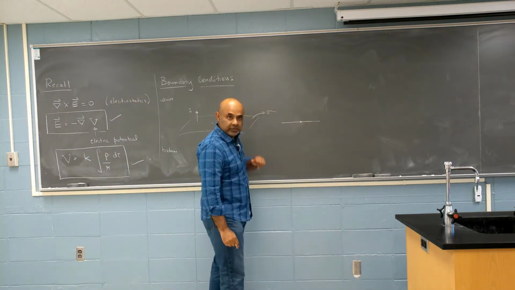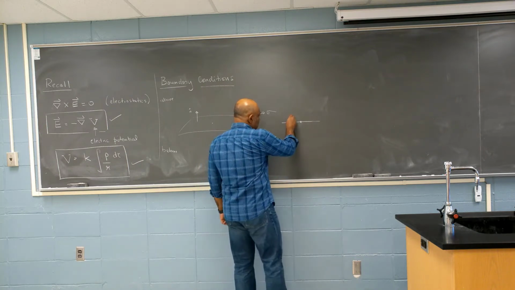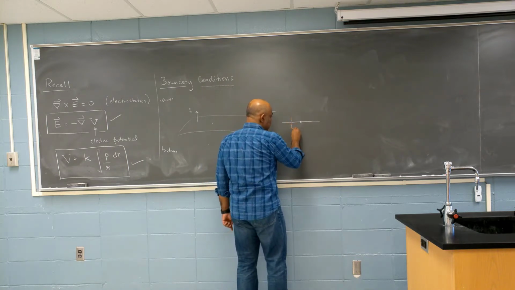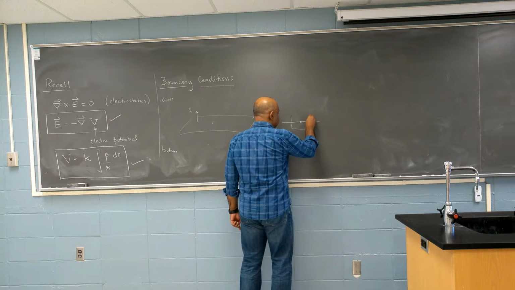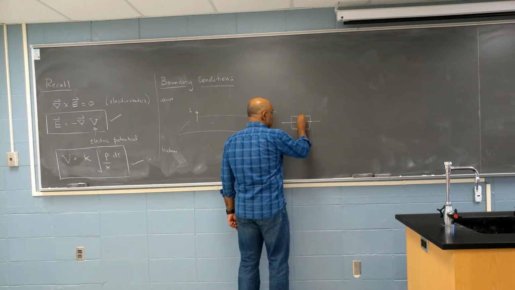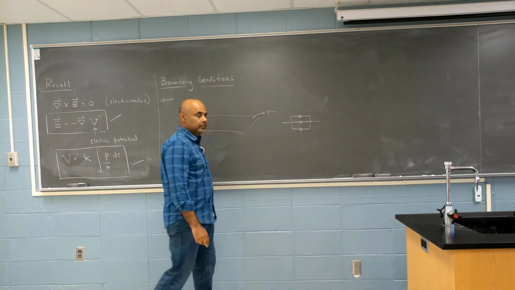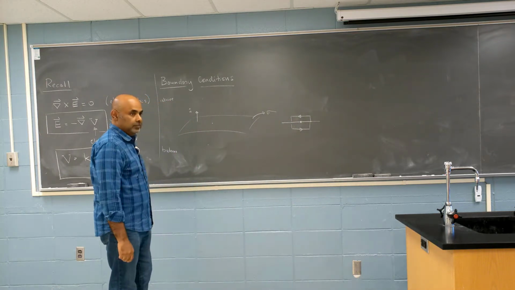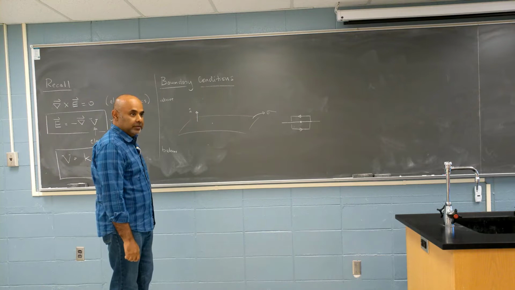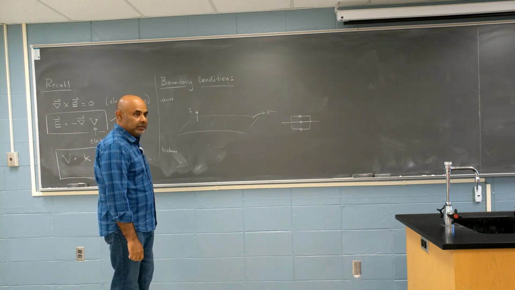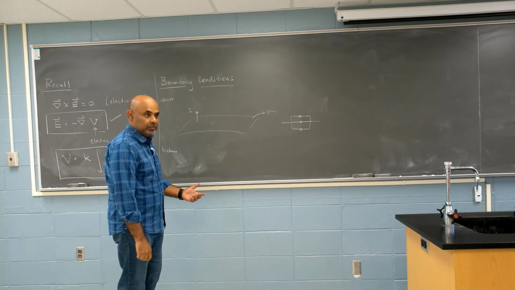tangent to the surface. So what we will do is pick a loop and use Stokes' theorem and integrate. When I integrate, what do I get in Stokes' theorem?